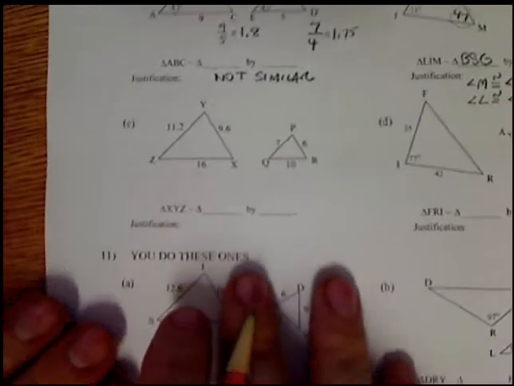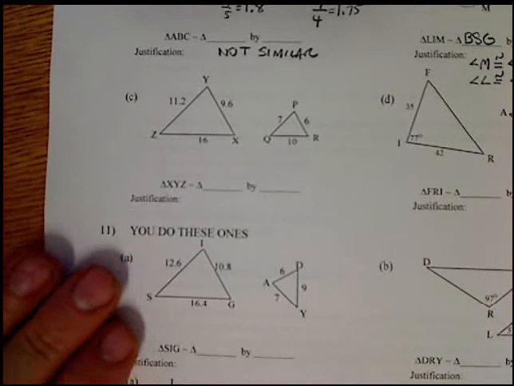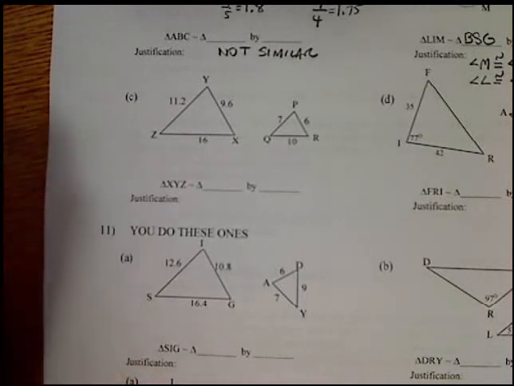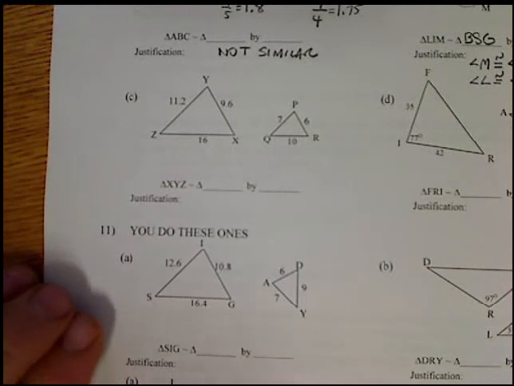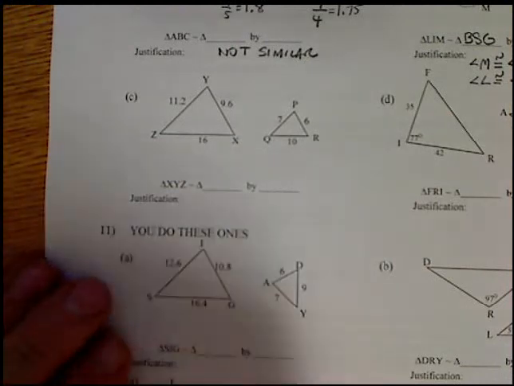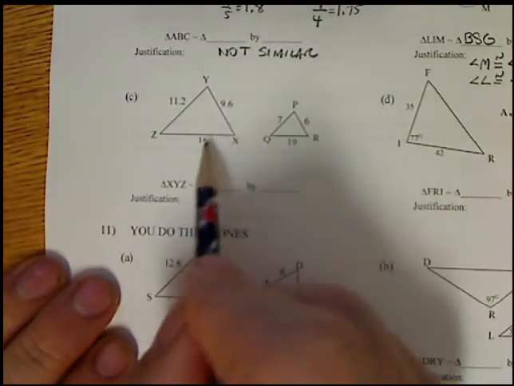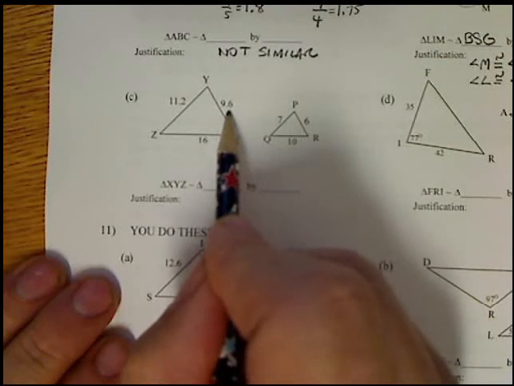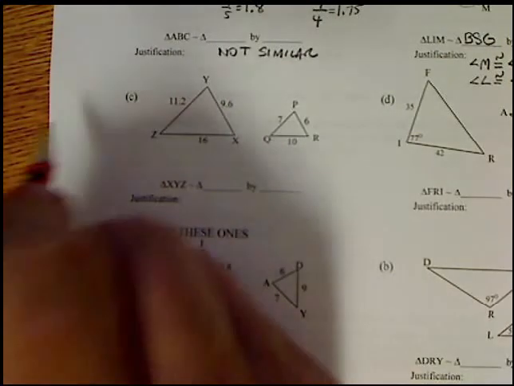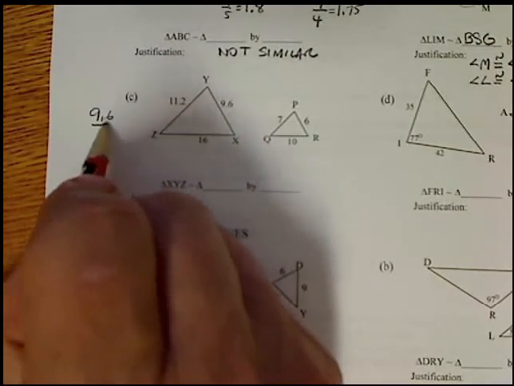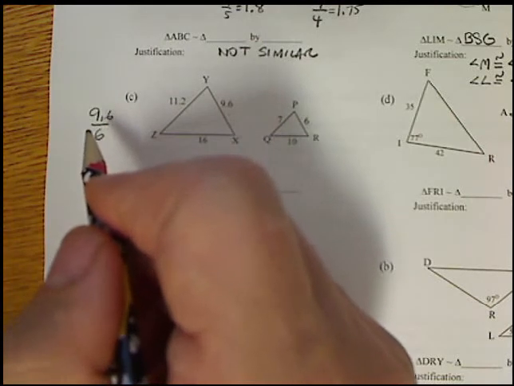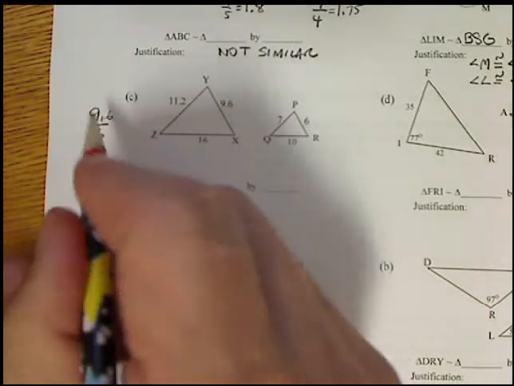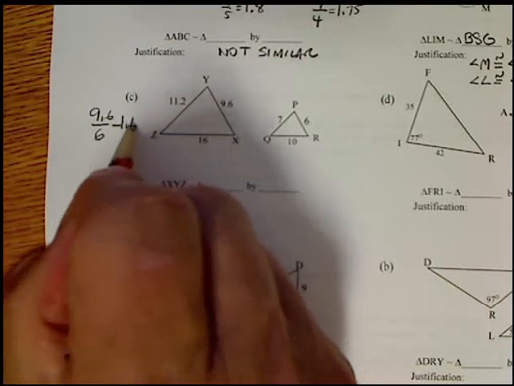For this next one, the only possibility is side-side-side, because I have the sides marked and no angles. So do small to small, medium to medium, large to large. My smallest side is 9.6 to the smallest side over here, 6. 9.6 divided by 6 is 1.6.